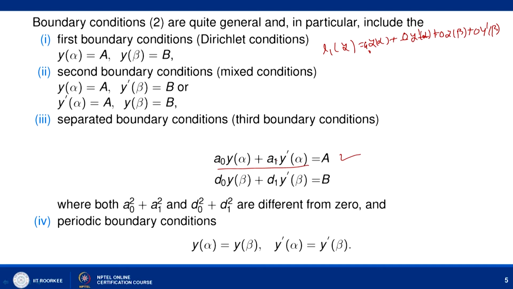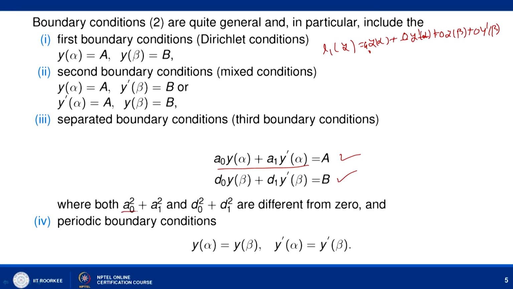Similarly, in L2y, C naught and C1 are given as 0, and D naught and D1 are non-zero values. So, the first boundary condition is defined only at x equal to alpha and the second boundary condition is defined only at the other point, that is x equal to beta. So, your boundary conditions are separated. We call these separated boundary conditions, and here we are assuming that not all of A naught and A1 are 0.